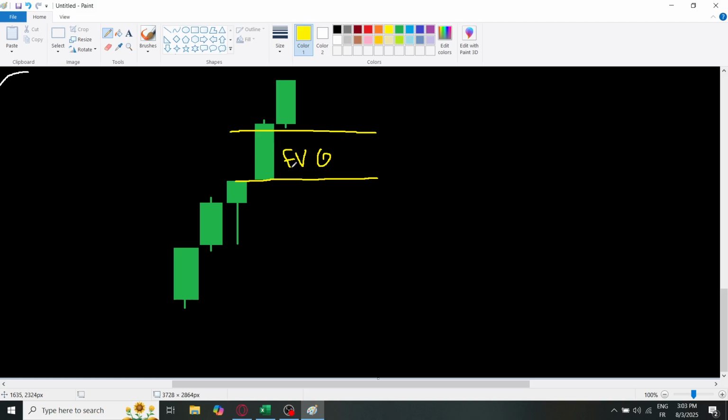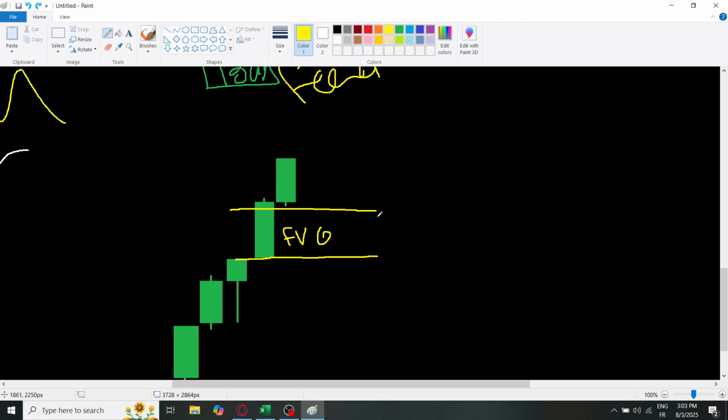It's just a pattern. It's not a fair value gap. It shows that there is an imbalance in the market, which means the price didn't have time to make an auction over here, so it went so much up. There is an imbalance where buyers bought so many contracts, and sellers didn't take any level or sell any contracts over here.